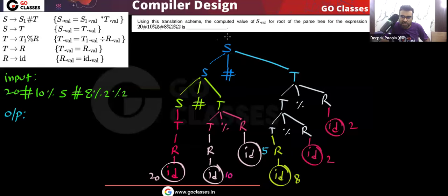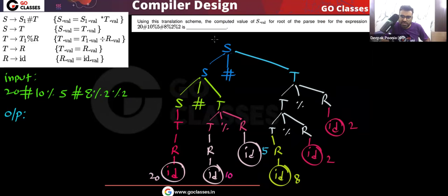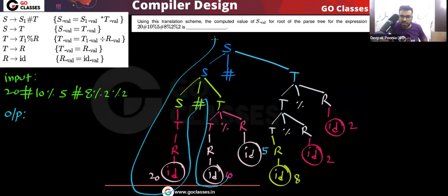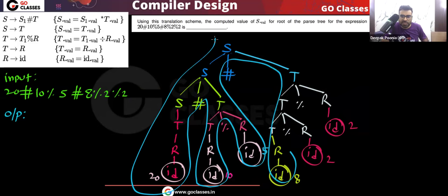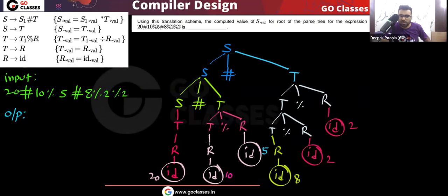You can see the yield of this parse tree, meaning which string is generated by this parse tree. That is 20 hash 10 percentage 5 hash 8 percentage 2 percentage 2. Yes, that is correct.